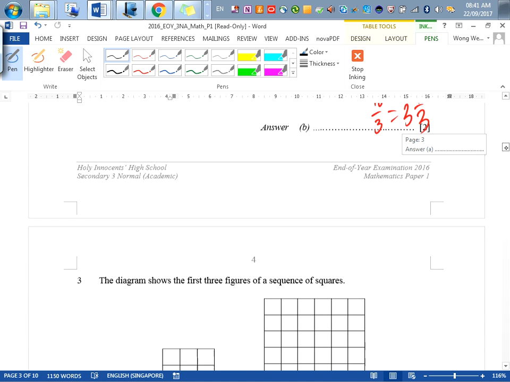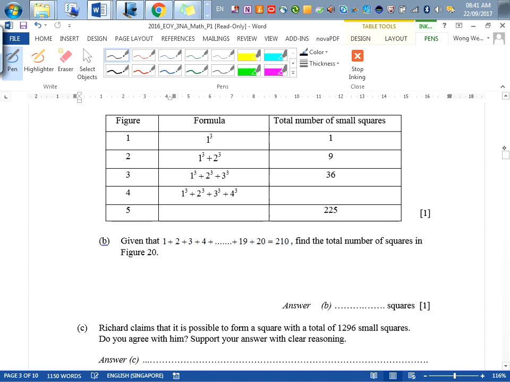Next question. Question 3. Okay, here we have what are the values? 100. And here we have 1 cube plus 2 cube, 3 cube plus 4 cube plus 5 cube. Okay, now part B is the one that requires a bit more thinking. Let's look at this one over here.